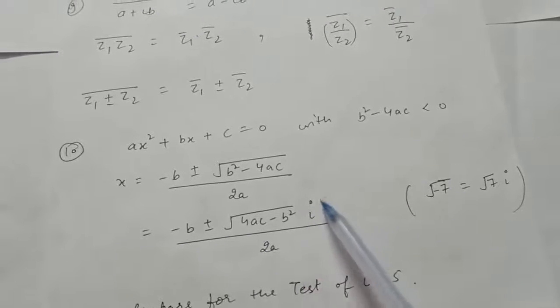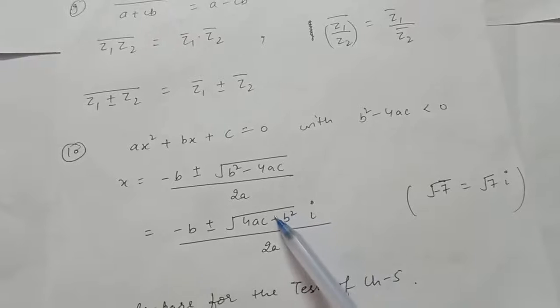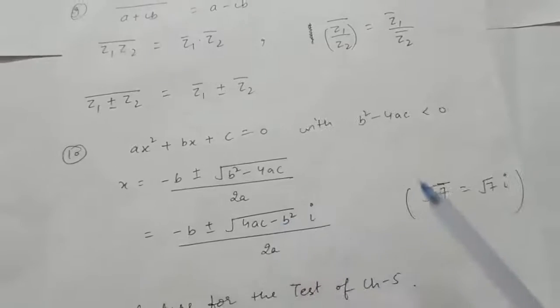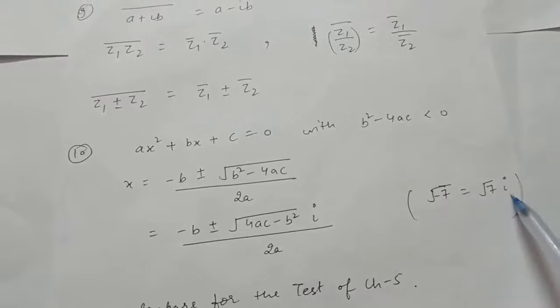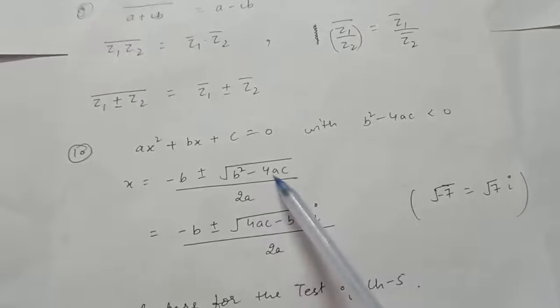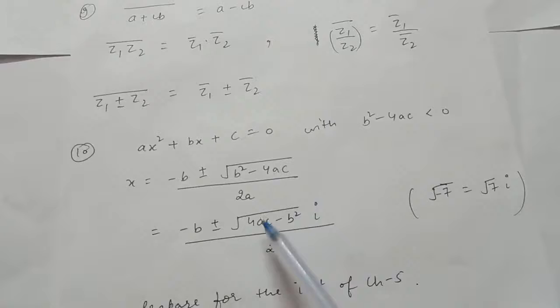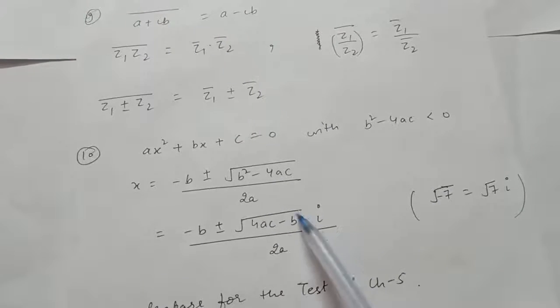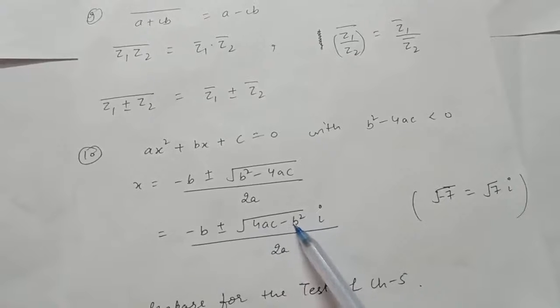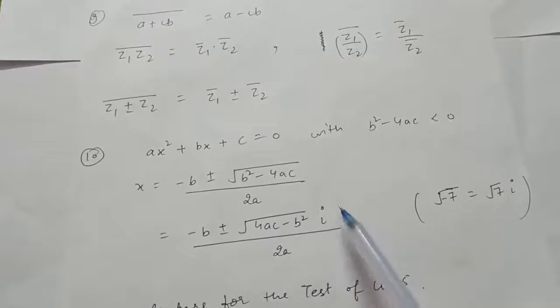Remember, this iota is not inside the root, right? Just like root of minus 7 can be written as root 7 into iota, because b square minus 4ac is less than 0, 4ac minus b square is greater than 0. That's why it can be written as root of 4ac minus b square into iota, right?